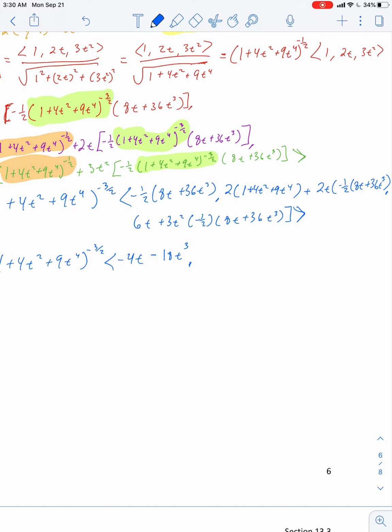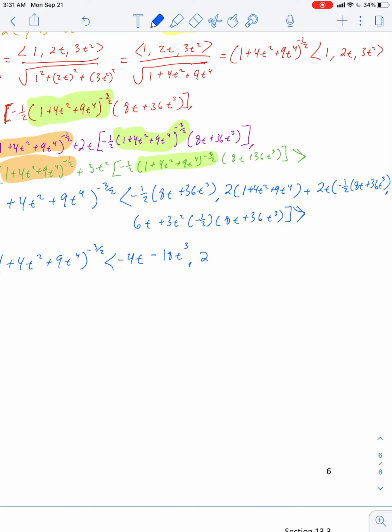So that's going to give me 2. That's the only value it's going to give me, a 2. 8t² minus 8t² is going to be 0, so that goes away.